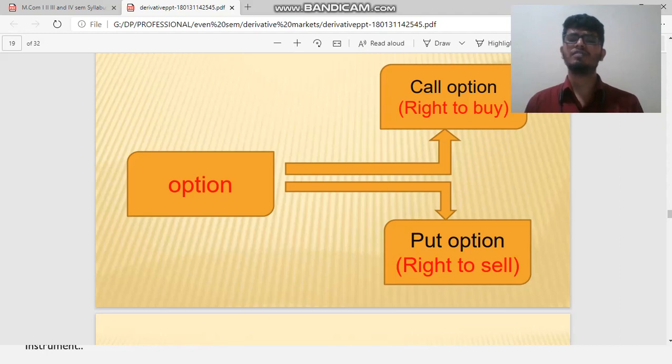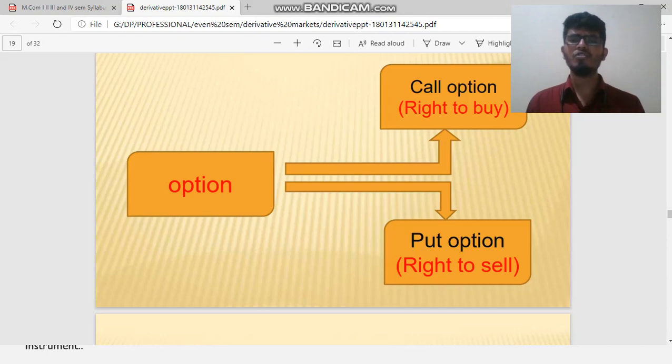Here the seller has the right to execute the contract, where another party has the obligation to buy that contract. The holder should pay some amount to the person who has the obligation.